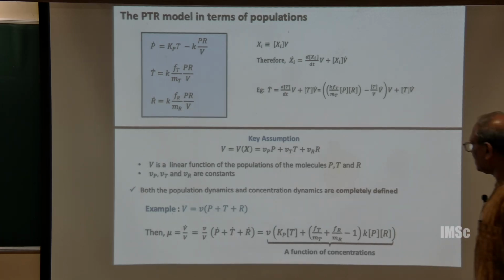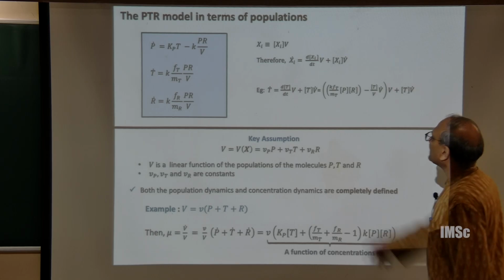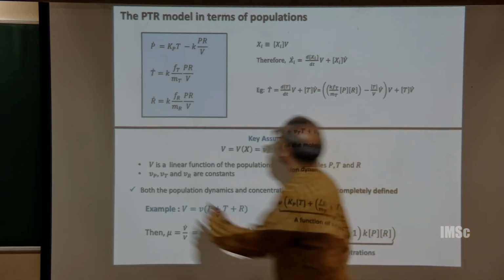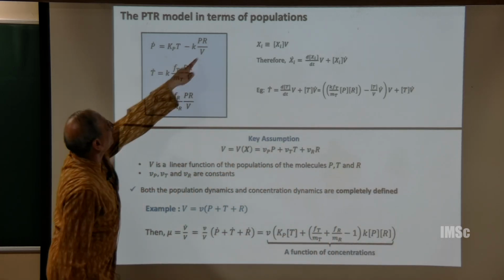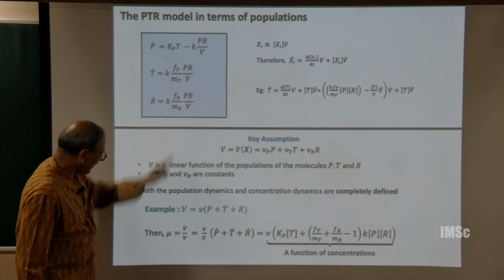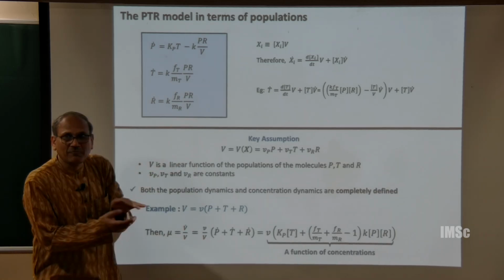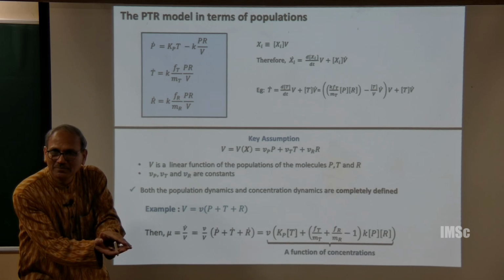Yes, that is the concentration. So you see that there is a factor of volume here, and there is another factor of volume which is coming from here. So what you will get is V squared in the denominator.